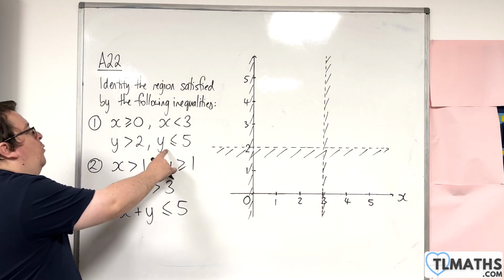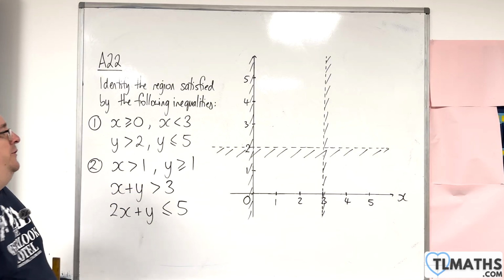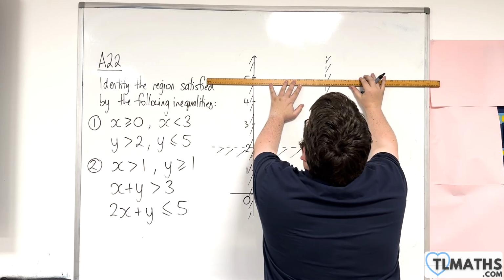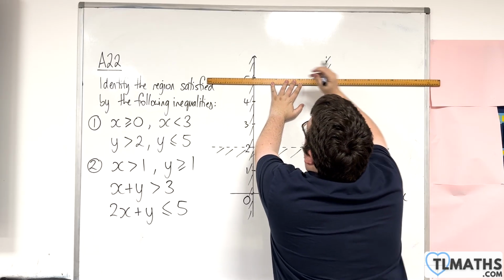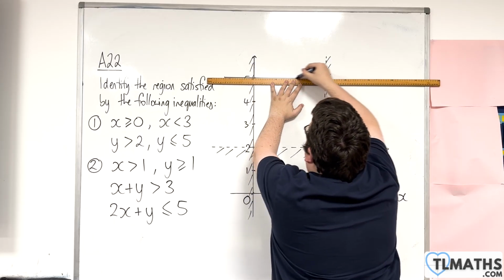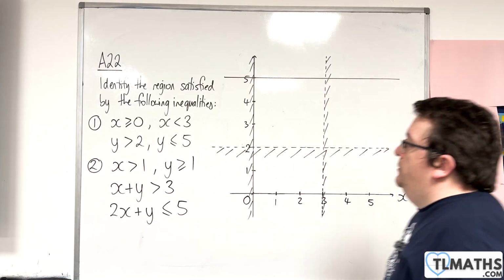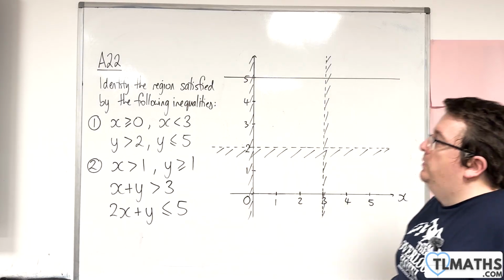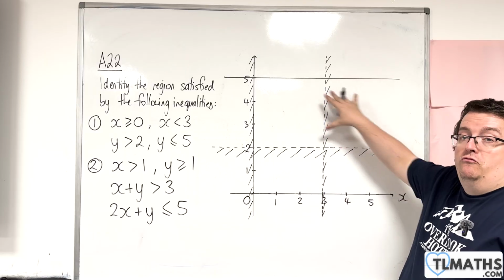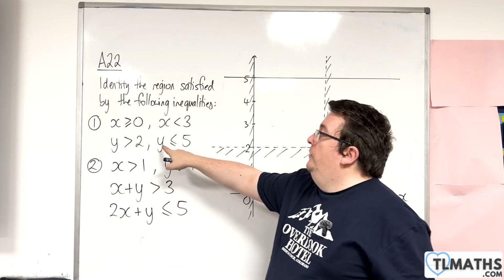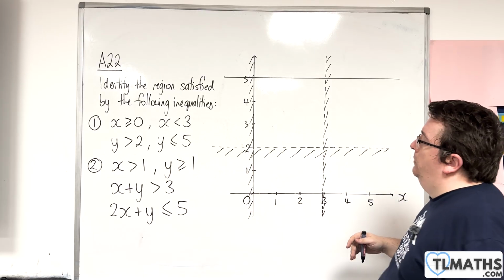And then finally, y is less than or equal to 5. So this will be a solid line. Horizontal line at y equals 5. And because we're looking at less than or equal to 5, these are going to be the region below that we want. Try values out. So is 0 less than 5? Yes.